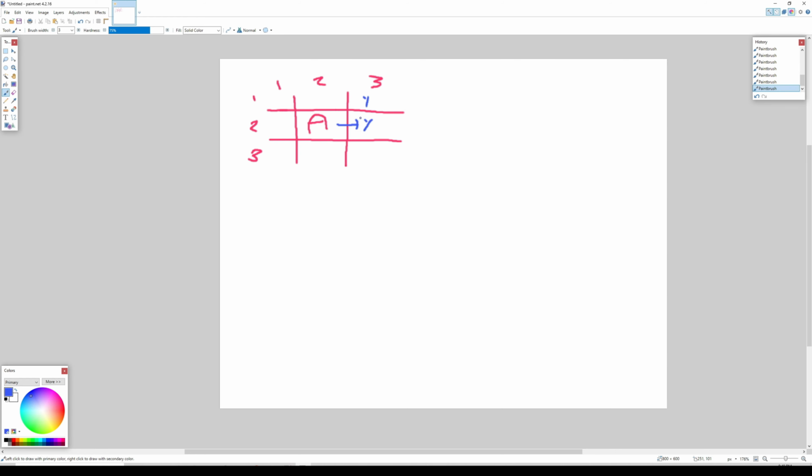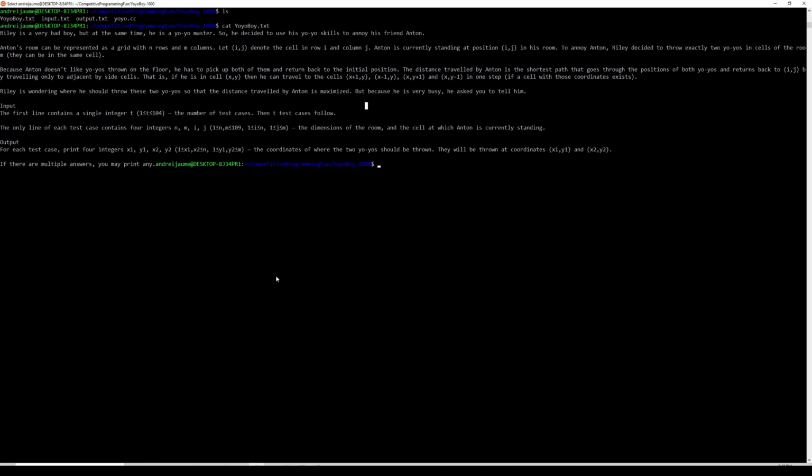So he would take 1, 2, 3, and 4 movements, right? Or we can do better. For instance, we could put a yo-yo here and here, and he would take 1, 2, 3, 4, 5, 6 movements, right? Okay, so let's look at some of the input and output solutions.